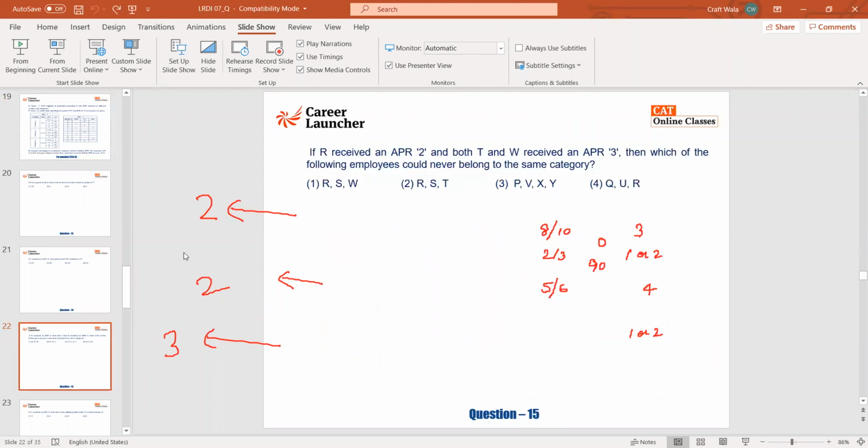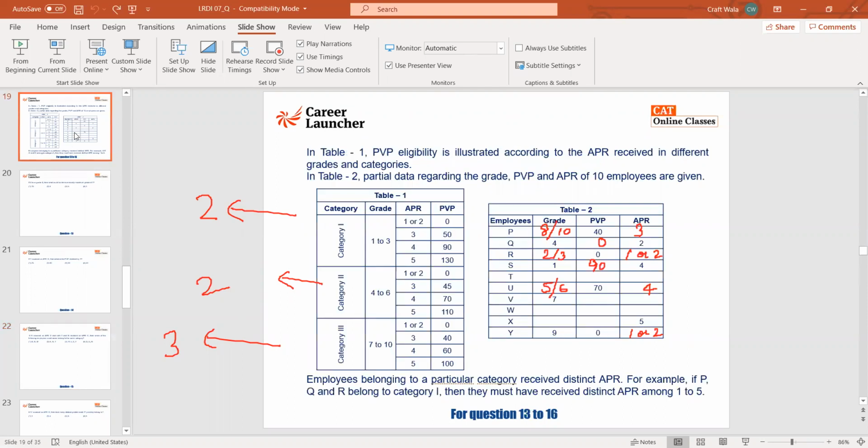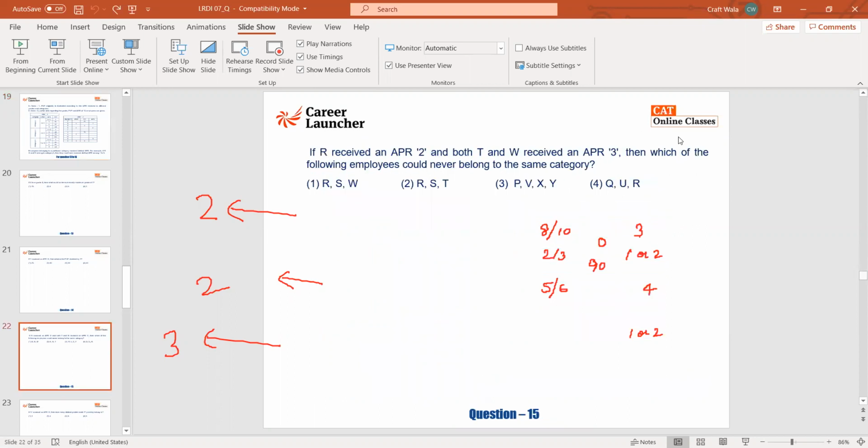Q, U, R is not possible because R and S have to be in the same category, same group, because they share the same categories. R and S have to be together, so they cannot be segregated. So our answer definitely has to be Q, U, R.